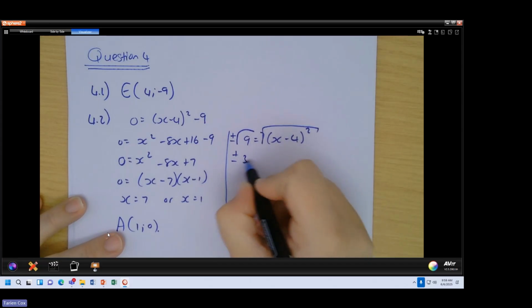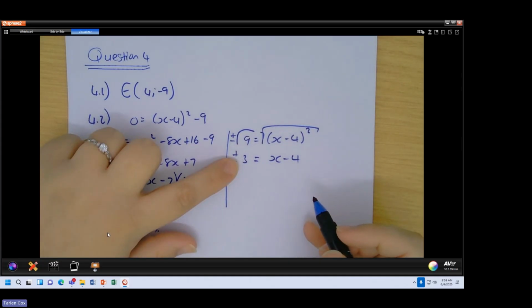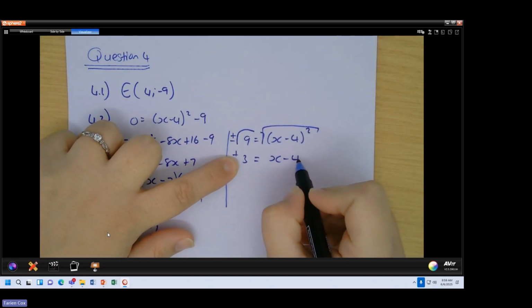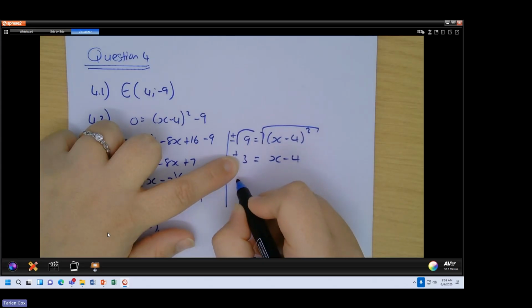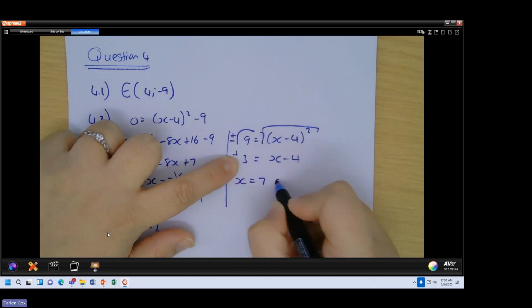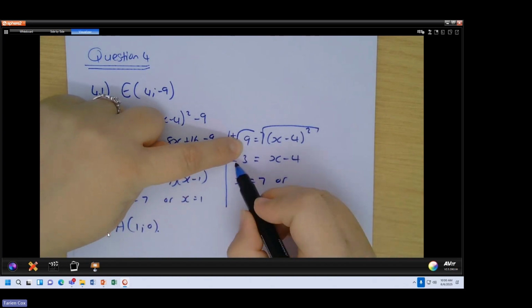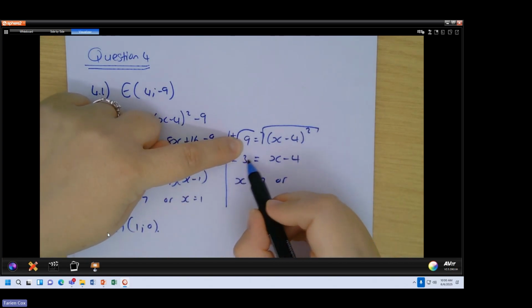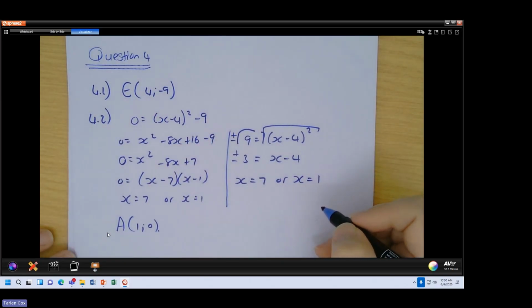And then plus and minus 3 is equal to x minus 4. So if I take positive 3 and I carry the 4 across, it becomes a positive 4. So 3 plus 4 is 7. So x is equal to 7. Or you can take the negative 3, carry it across, then it will be negative 3 plus 4, and then x will be equal to 1. All right, so that is just another method that I wanted to show you.